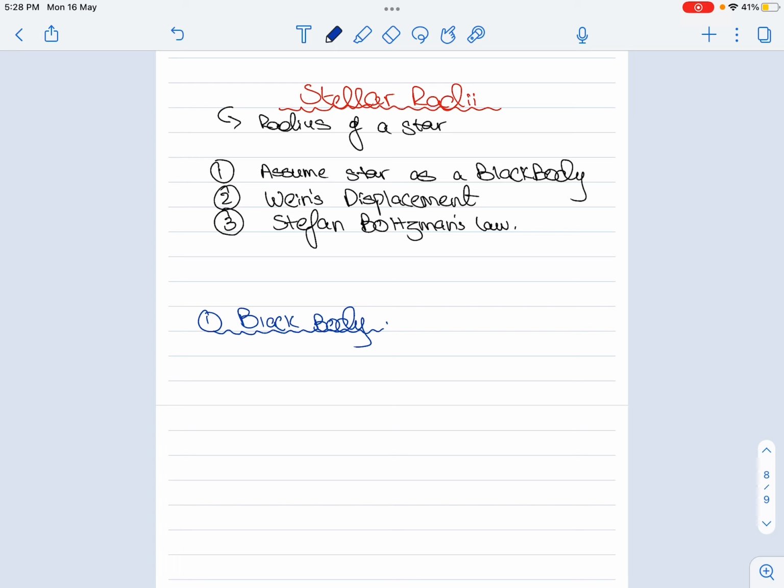So I can write this down. Theoretical objects that absorb all radiation, falling, sorry, a better term would be incident on them.